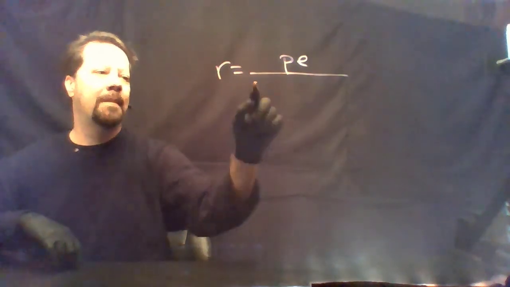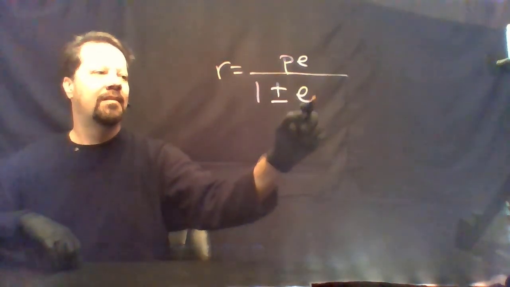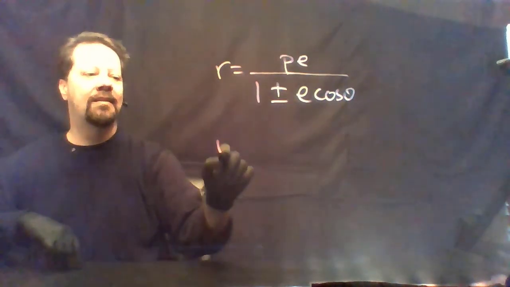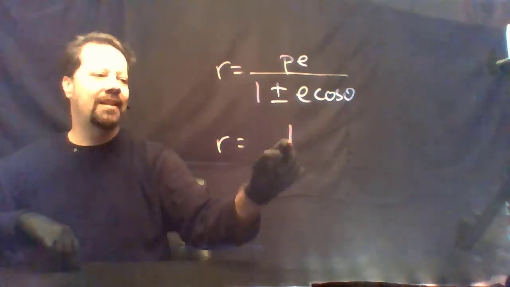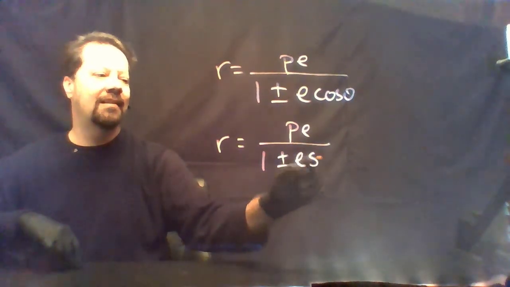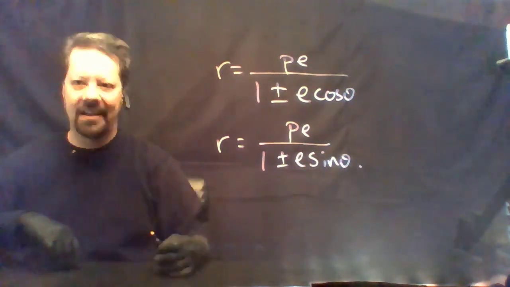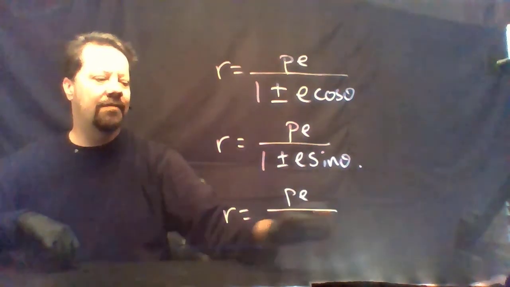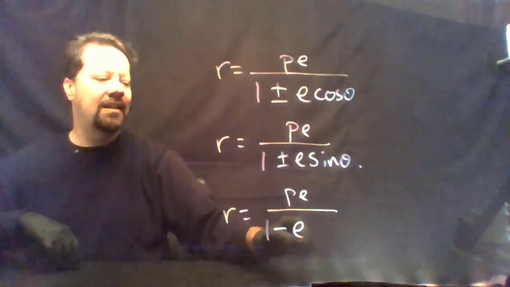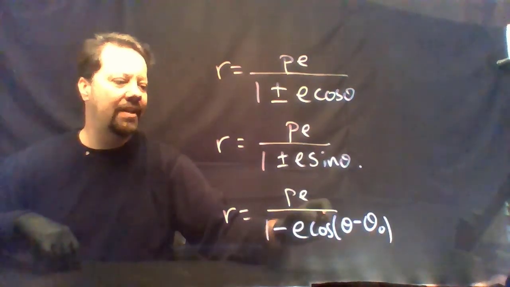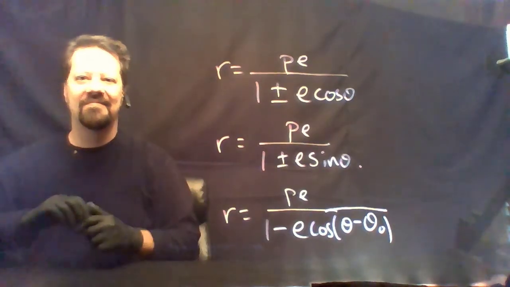You'll see these in other forms. r equals pe over 1 plus or minus e cosine theta, or pe over 1 plus or minus e sine theta. A more general version might be pe over 1 minus e cosine of theta minus some rotation angle theta naught.